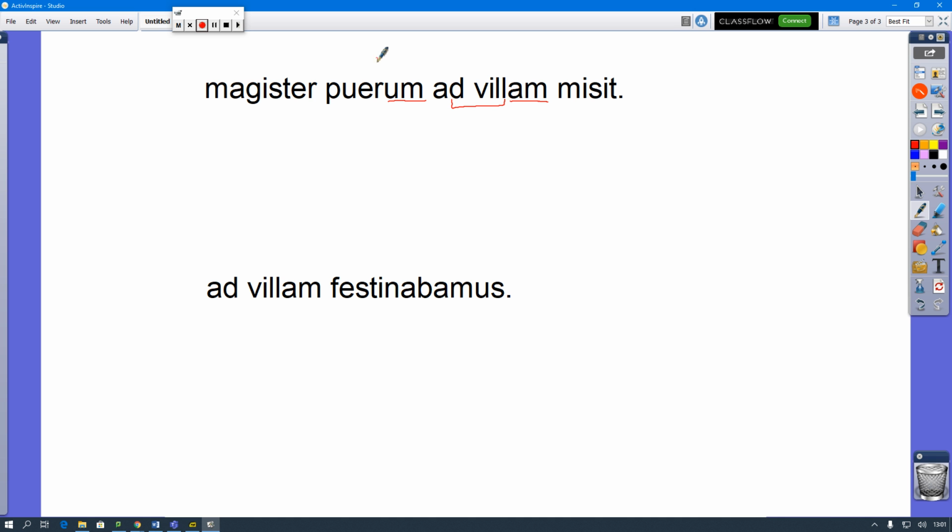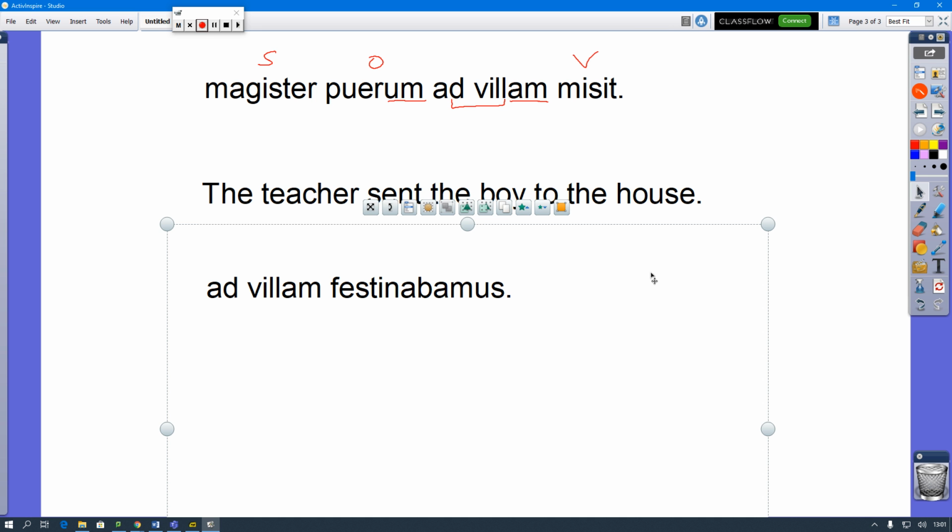This means that puerum is the object, so magister is the subject, and misit is the verb. So my sentence will be: the teacher sent the boy to the house. When I translate the sentence, I do the subject, I do the verb, I do the object, and only when I've done the subject, verb and object do I do the preposition phrase at the end.